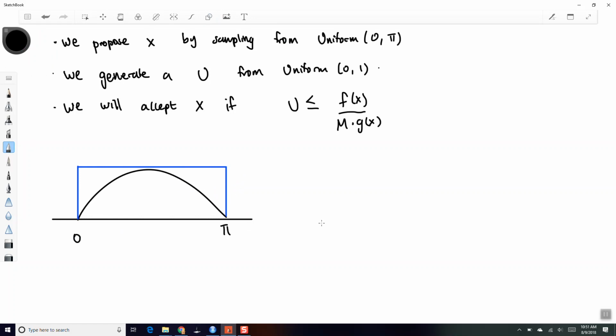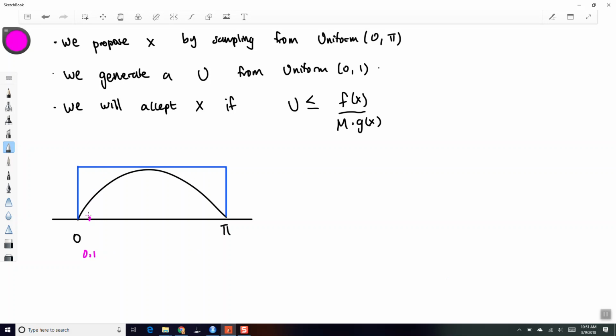So we're going from 0 to pi, okay? So when you have a uniform distribution, perhaps you generate a value like right here. So we propose, I don't know what this is, 0.1 or something like that, just a small value.